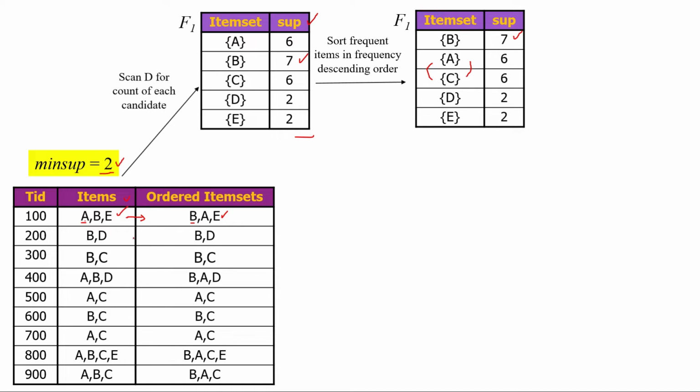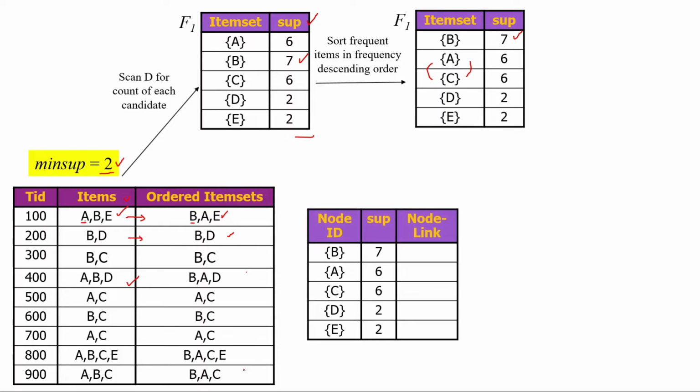Similarly, for transaction ID 200, we have B with support count 7, and then we have D, so it's already in ordered shape. Then BC is already in the same sequence. So for transaction ID 400, we have A, B, D. So A's support count is less than B, so we place B first, then we place A, and then D. So similarly, we order all these transactions' item sets in the descending order of their support count.